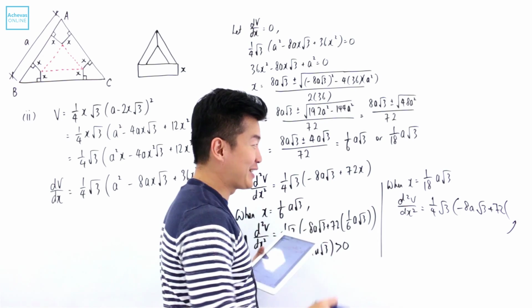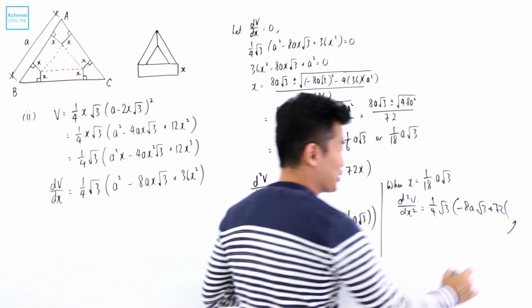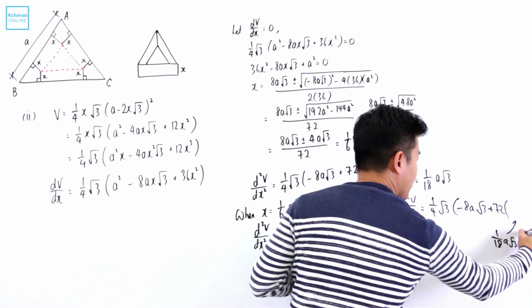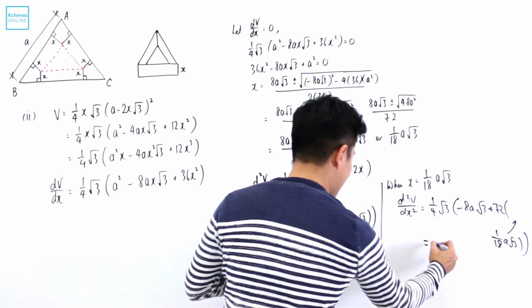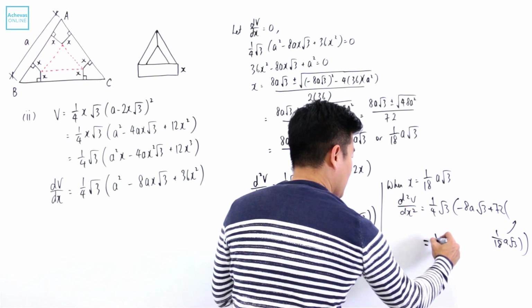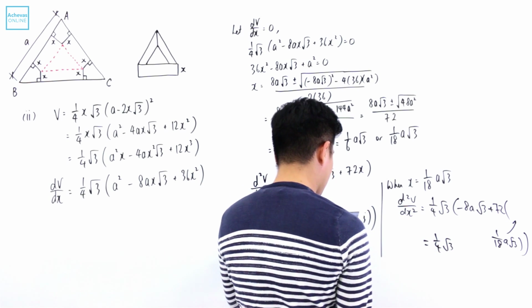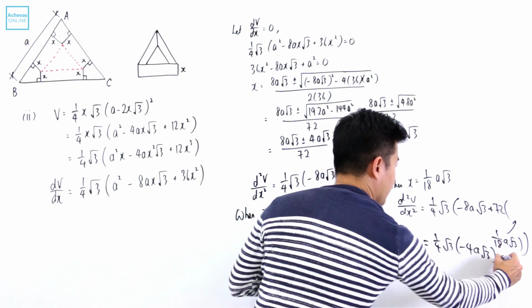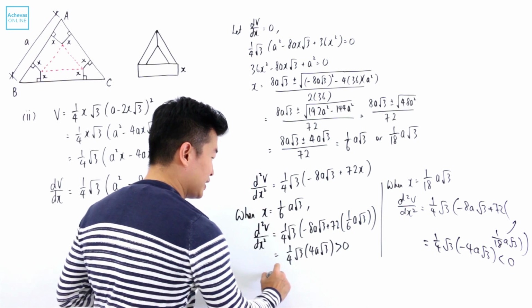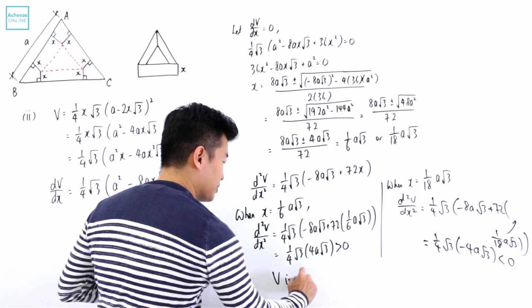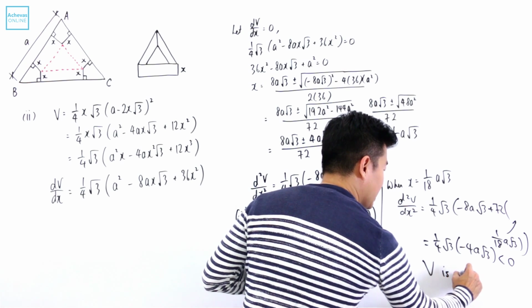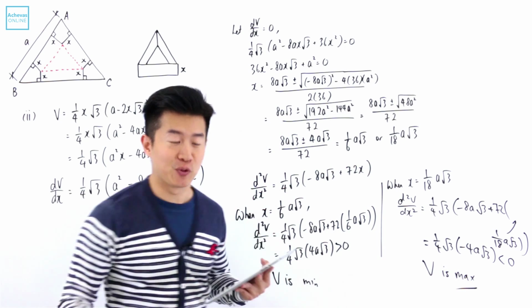I'm really running out of space here. It is indeed a very long solution. What we will be getting is 1 over 4 square root of 3 times minus 4a square root of 3, and this is less than 0. So for this, v is going to be a maximum, and maximum is what we want.